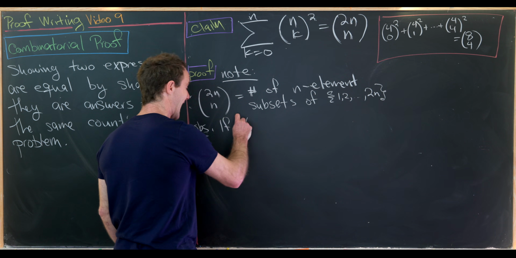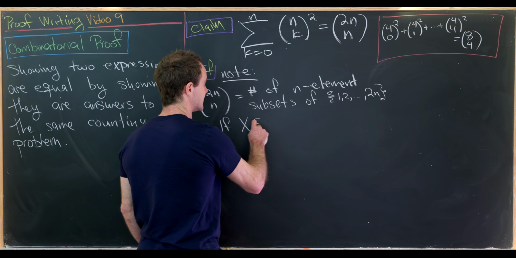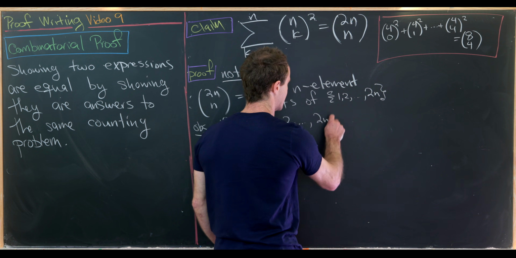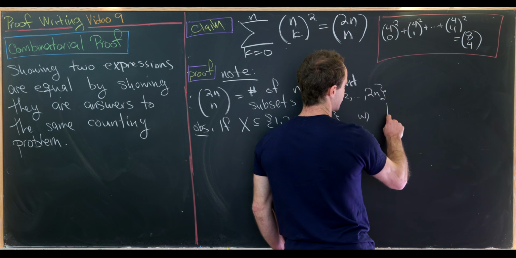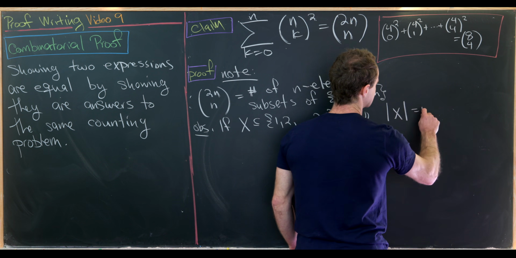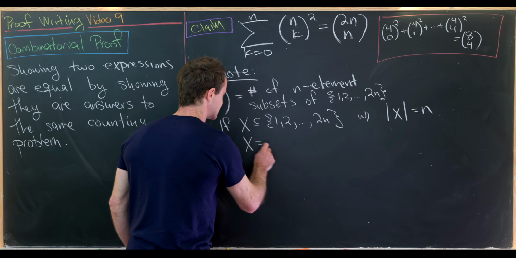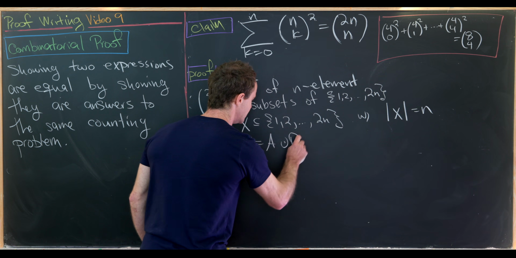So if x is a subset of 1, 2, up to 2n, with the number of elements in x equal to n, then we can write x as the disjoint union of a, b.